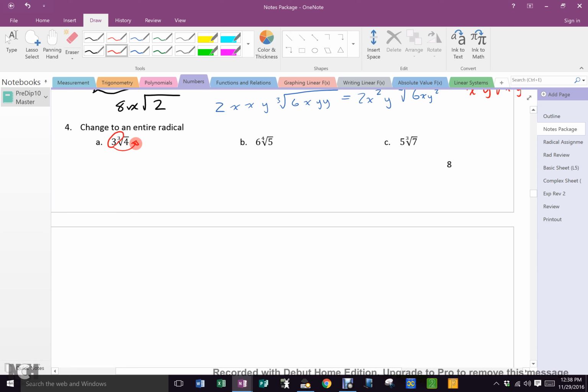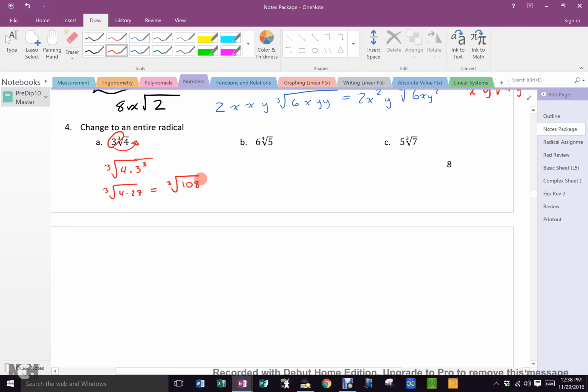So what do you think we do here? Same thing. So this becomes the cubed root of 4 times 3 cubed. Right? What is 3 cubed? 27. 4 times 27, which we know to be the cubed root of 108.